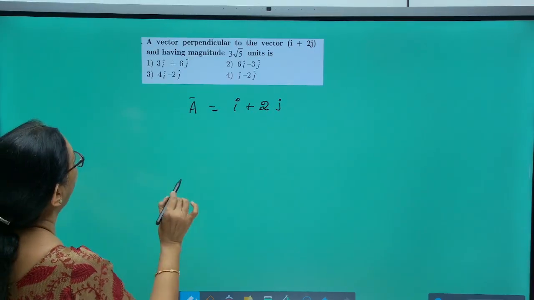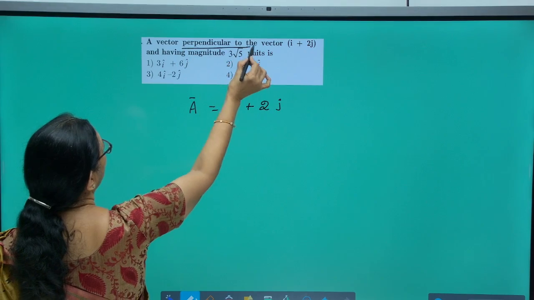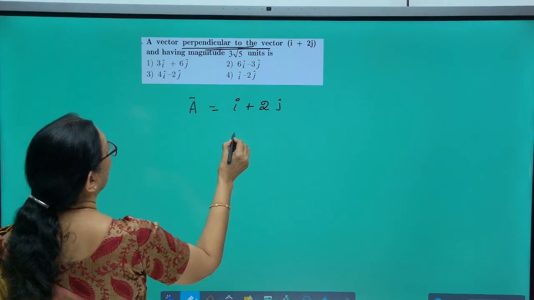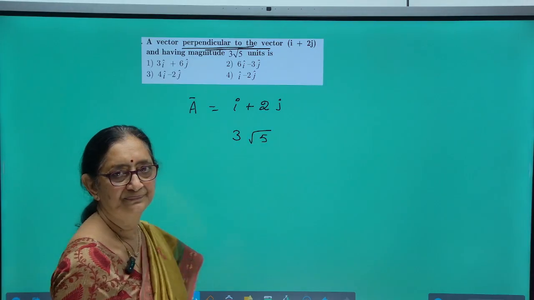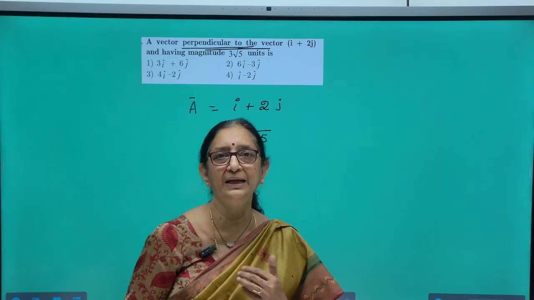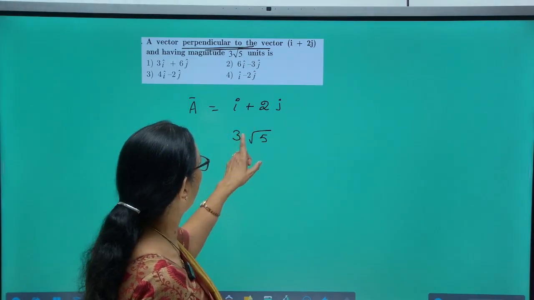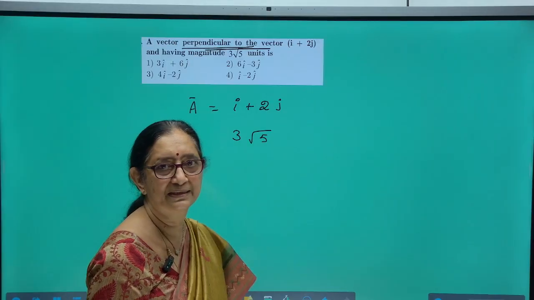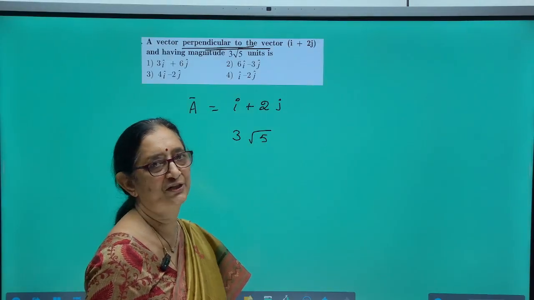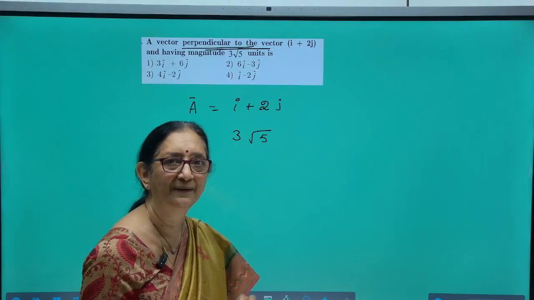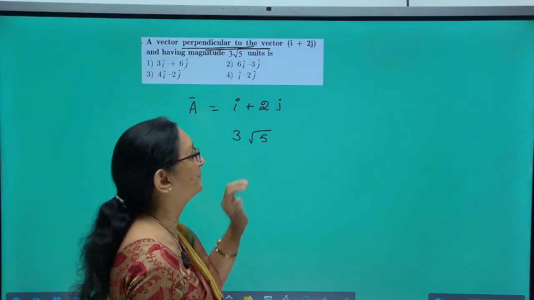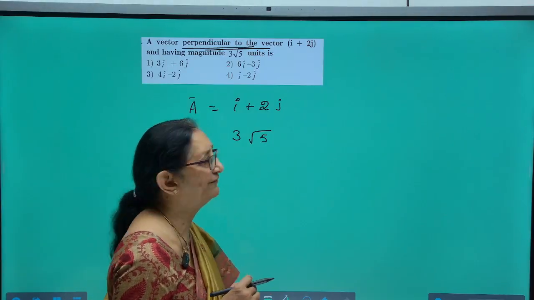You are asked to find a vector perpendicular to the given vector with magnitude 3 root 5. There are so many possibilities for a vector perpendicular to this. So, here it is mentioned that the vector has to be perpendicular to the given vector and its magnitude must be 3 root 5 units.